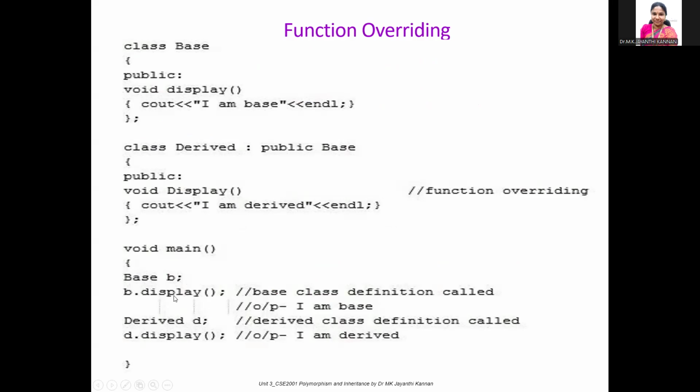The object b belongs to the base class, so it executes the base class display function, which outputs "I am base". Then we call the derived class object d, so we call d dot display. The derived class function is called, and it will display the message "I am derived". So here we have function overriding.